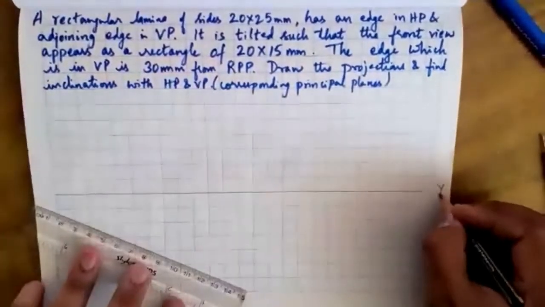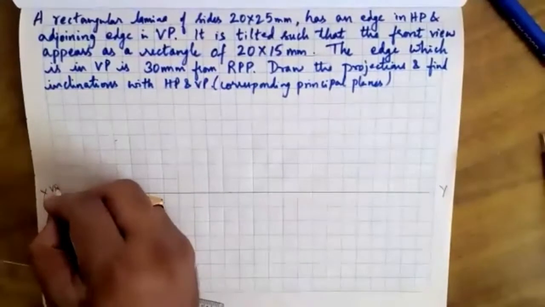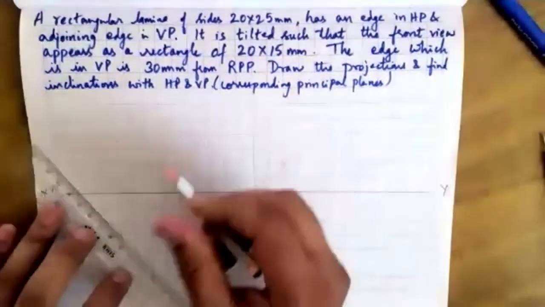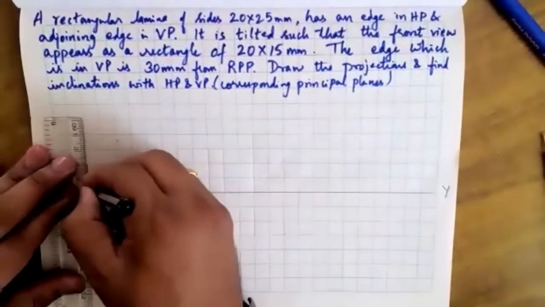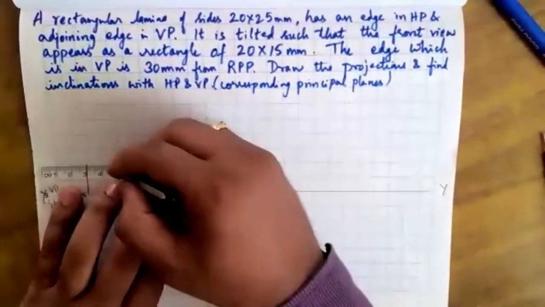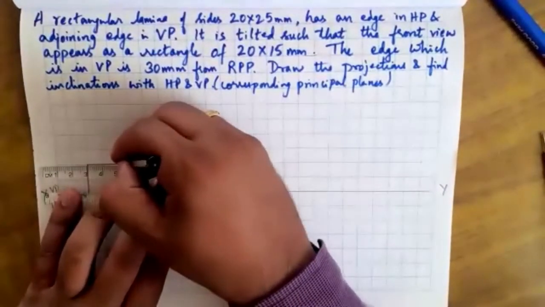So first I'll represent XY, VP, HP, and consider a 20 by 25 rectangle. So 20 mm and 25 mm, I'm going to draw a rectangle.